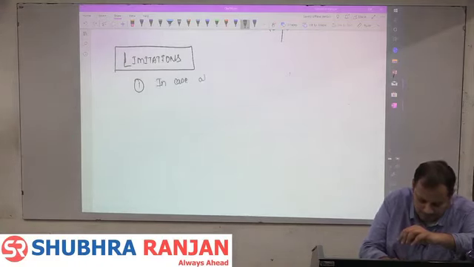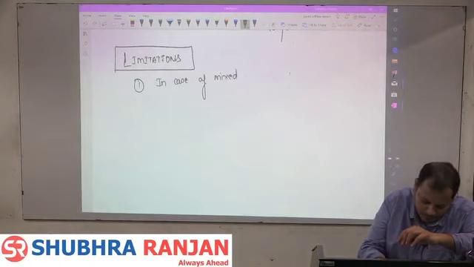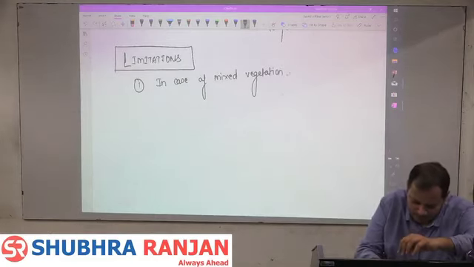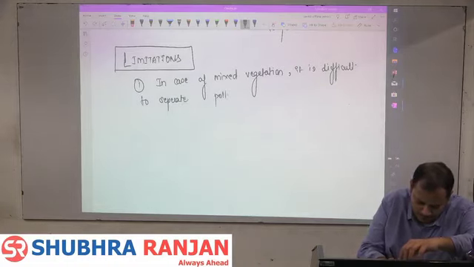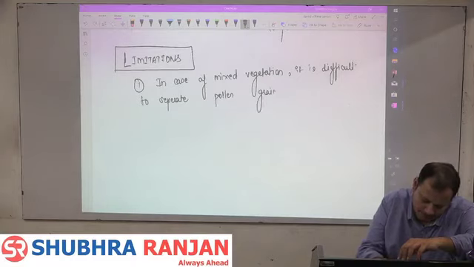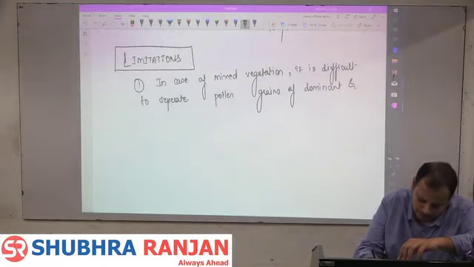That is, in case of mixed vegetation, it is difficult to separate pollen grains of dominant and co-dominant plant species.